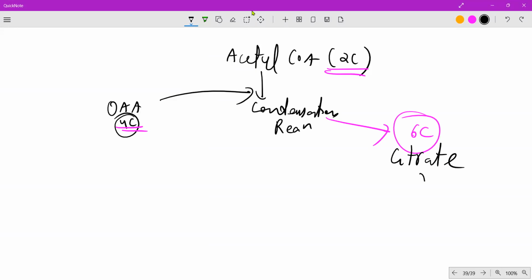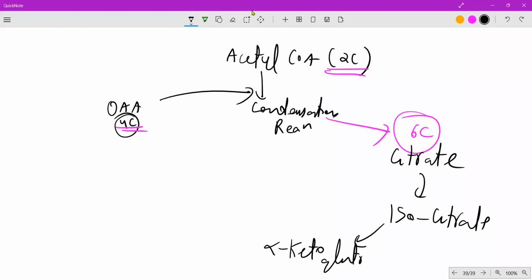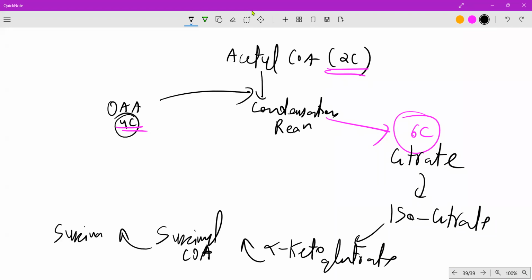Citrate converted to isocitrate. Isocitrate converted to alpha ketoglutarate. Alpha ketoglutarate converted to succinyl CoA. Succinyl CoA is converted to succinate. Succinate is converted to fumarate.